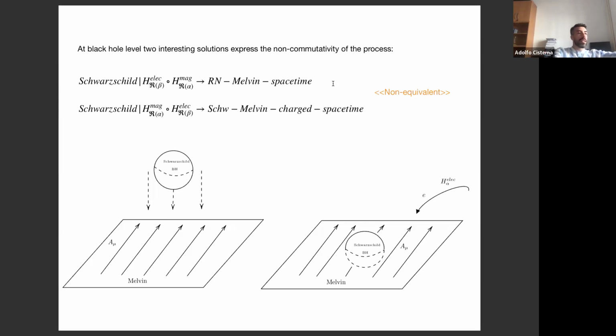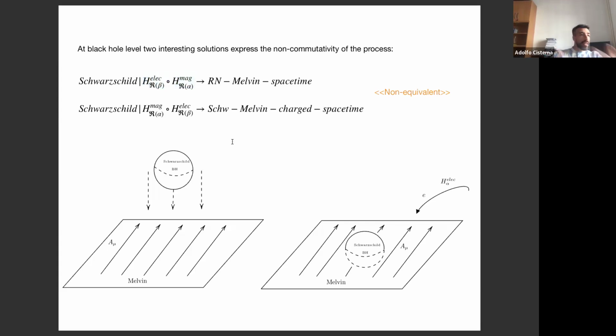If I have electric charge and an electric background field, most probably there is going to be a conical singularity that will accelerate my spacetime, because I have the acceleration produced by the electric field on the electric charge. So I'm not giving you all of these details because I don't have the particular metric here, but the only point is that when I apply the transformations in this direction, what I get is Reissner-Nordström on top of Melvin.